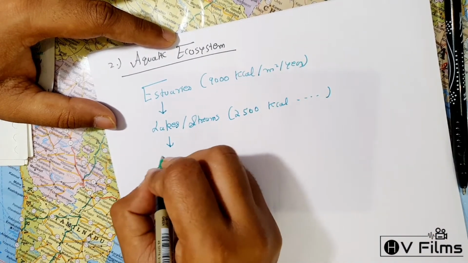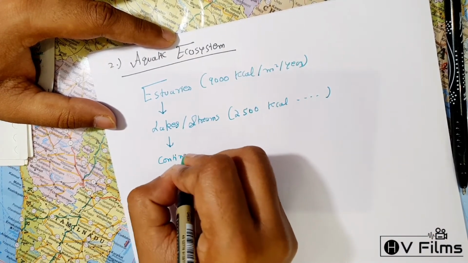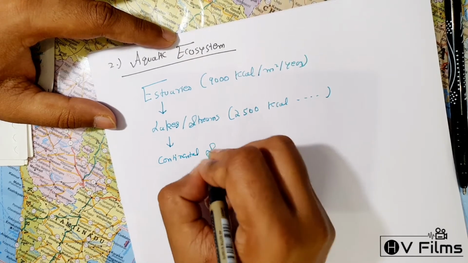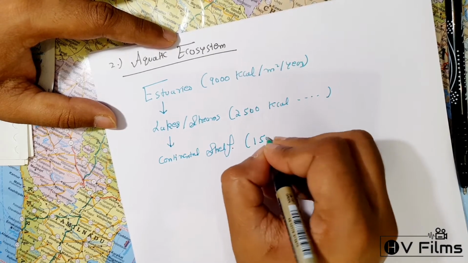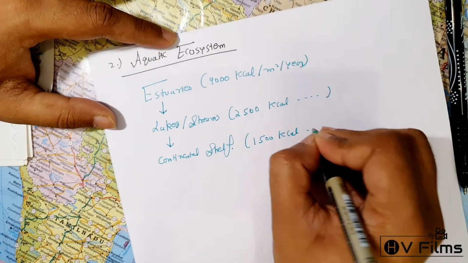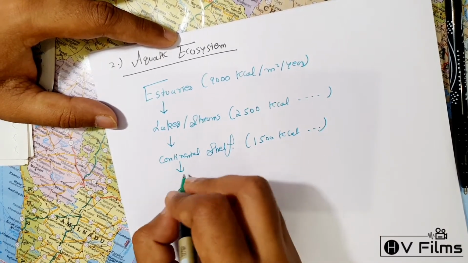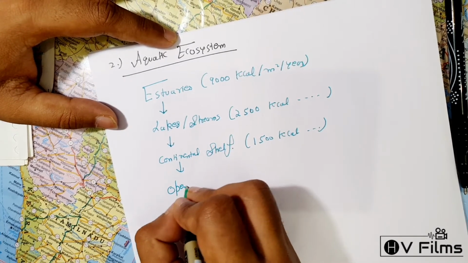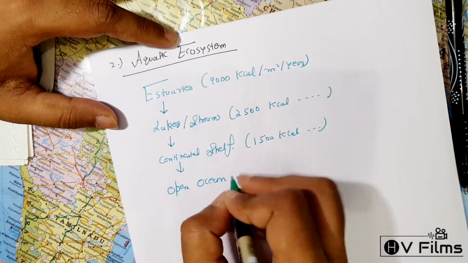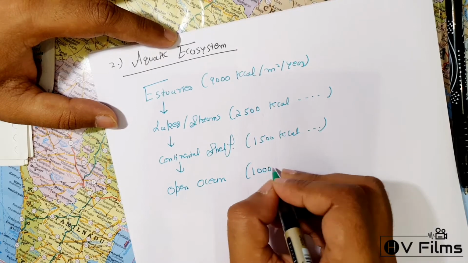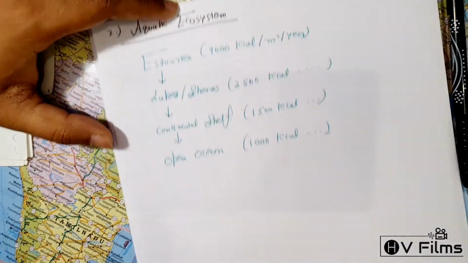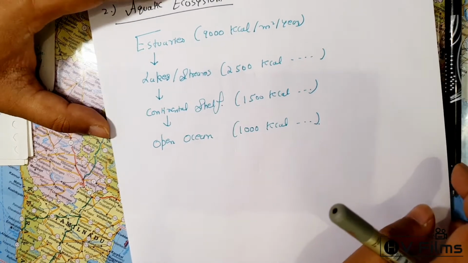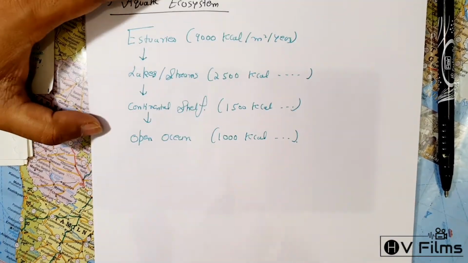Then continental shelf, that is 1500 kilocalories. And then we have open oceans, which is around 1000 kilocalories. So this is for the aquatic ecosystems.